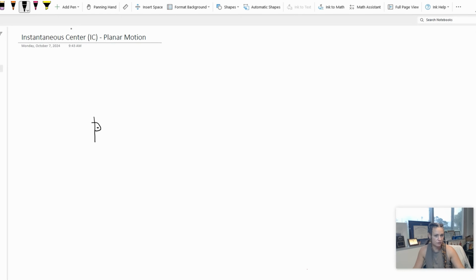So let me draw a few things. What if I said here is a bar AB, and B is also connected to a bar BC, and C is connected to D. So my first question is what type of motion is rigid body AB undergoing?